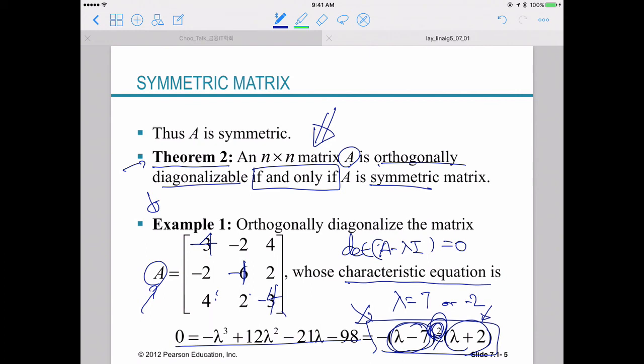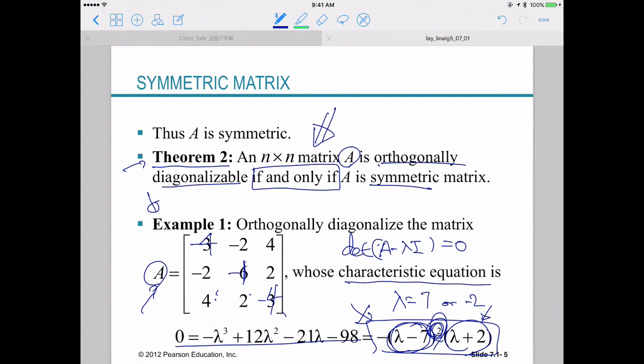But your matrix A is orthogonally diagonalizable, right? A more relaxed, weaker statement is that orthogonally diagonalizable means, of course, that it's just diagonalizable. In the case of a symmetric matrix, you should always be able to find n linearly independent eigenvectors.